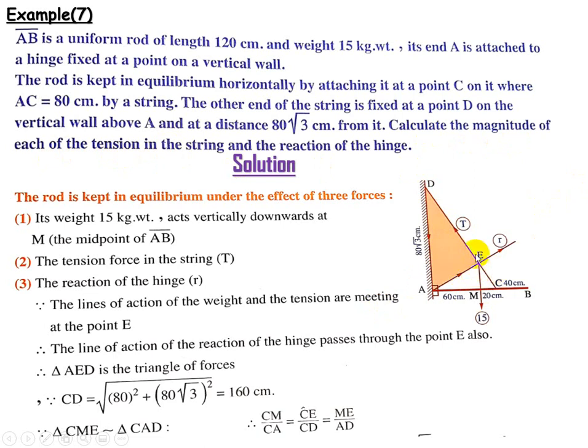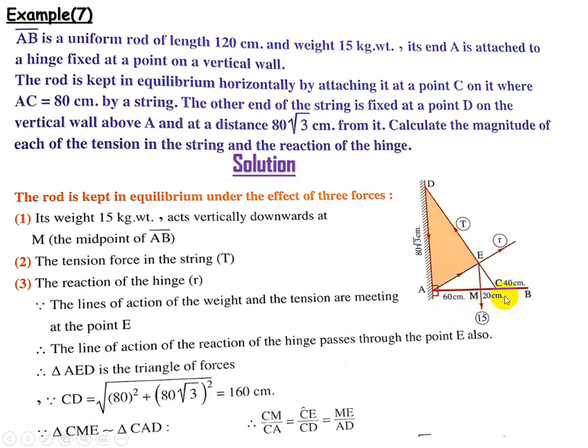The triangle EDA has its sides parallel to the lines of action of the forces, taken in the same cyclic order. So this triangle is called the triangle of forces. You have AD equal to 80√3. We have here this side MC 20 centimeters and AM equal 60.